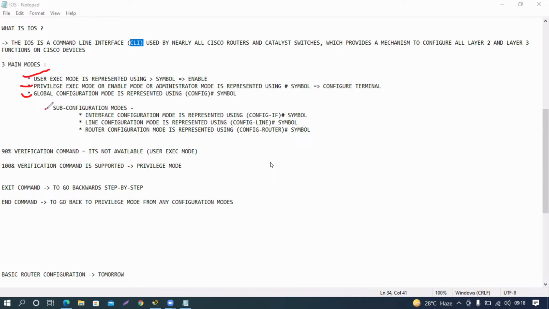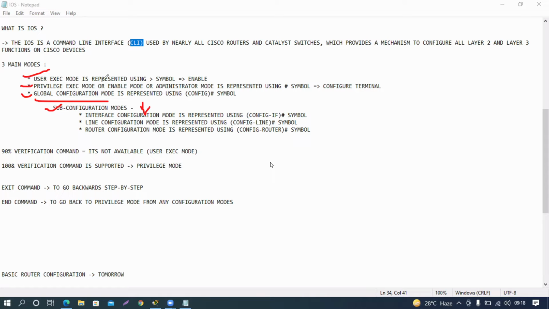There are several sub-configuration modes also, such as interface configuration mode, line configuration mode, router configuration mode. All these sub-configuration modes come from global configuration mode. That is why you see the word configuration mentioned everywhere, because these are part of global configuration mode. These are called sub-configuration modes.